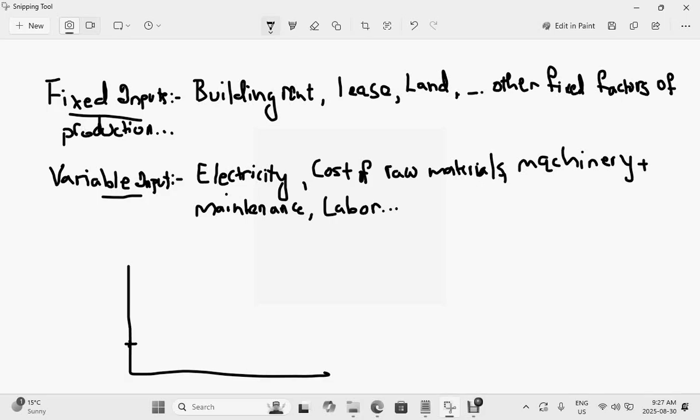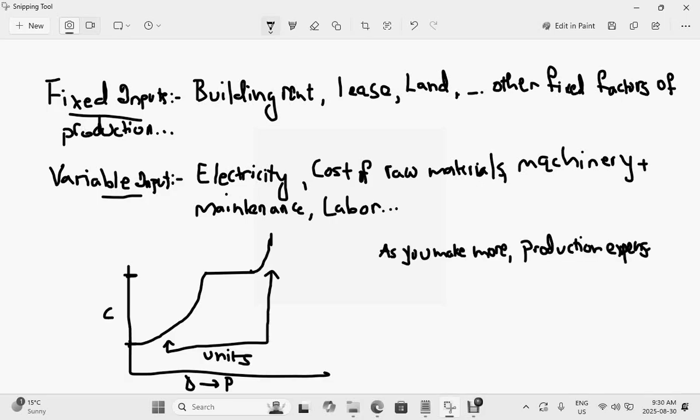As production goes up with the same amount of fixed and variable input, the cost of production goes down.